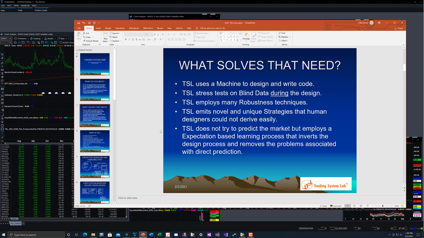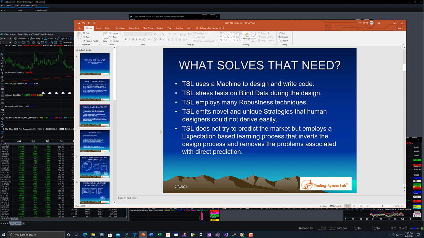Yet they emerge very simple, robust, and they work. The machine creates these designs far faster than I could ever create them, and it's clearly the way moving forward for us, our clients, and a great deal of the trading industry out there.